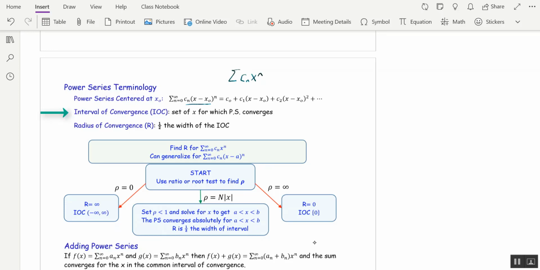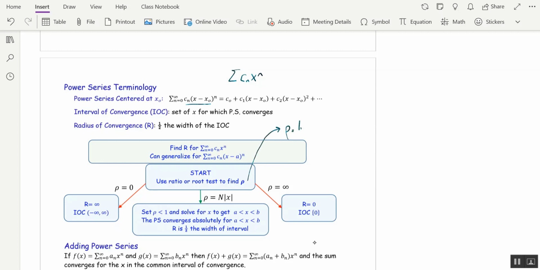The interval of convergence is the set of all x for which the power series converges, and the radius of convergence is half of the width of the interval. And so in order to find the radius of convergence for a power series, you're going to use the ratio test to find rho. And let me just remind you of what rho is in the ratio test.